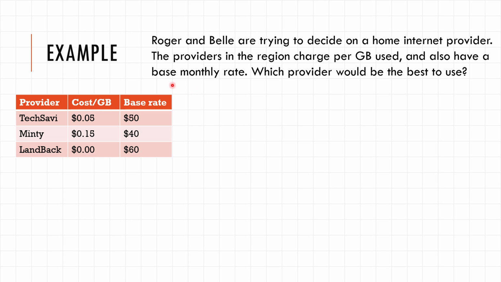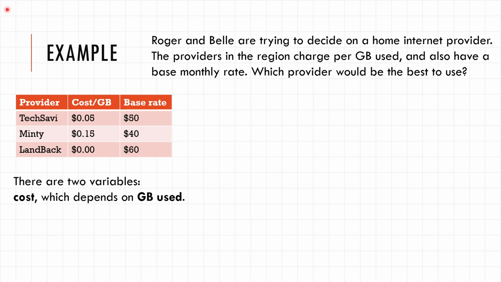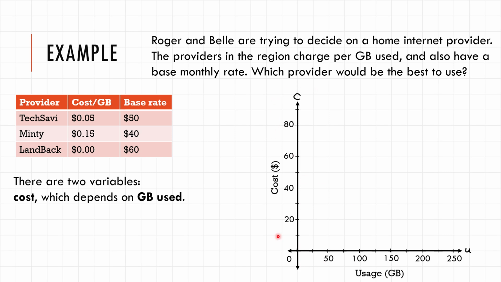Well, using linear relations, we can figure out which situations would be the best for which provider. And in each case, no matter which provider you go with, there are two quantities that we are comparing, right? We are looking at the total cost, and the total cost depends on the amount of gigabytes we have used. So if I were to graph this out, the cost would be on my vertical axis, C, because that depends.